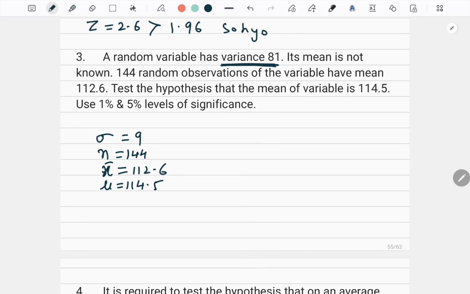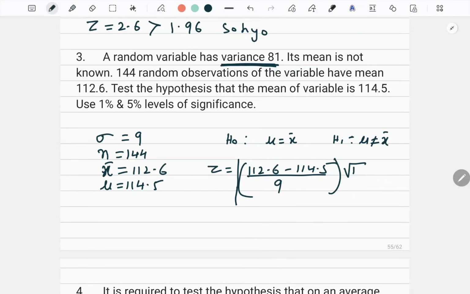significance. Now, again the null hypothesis H0 is mu is equal to x bar, and the alternative hypothesis is mu is not equal to x bar. Now z is equal to, so I am not writing the formula, I will just put the values. 112.6 minus 114.5 upon 9 and root 144.